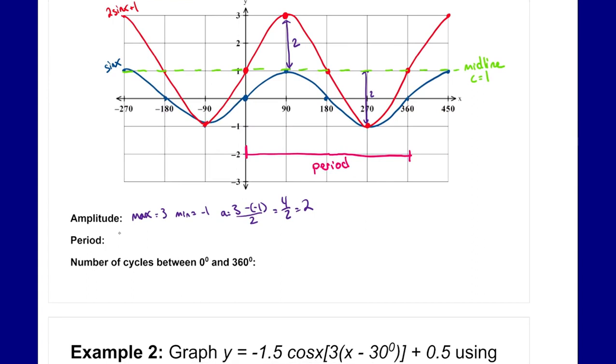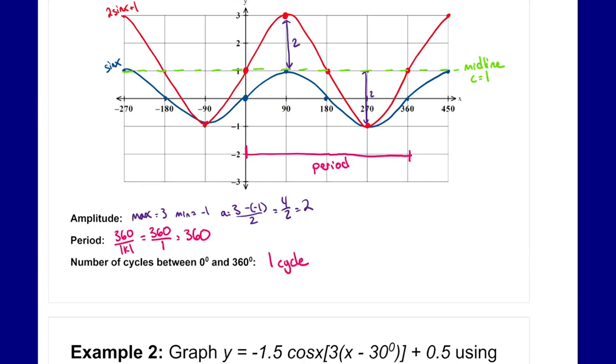The period is 360 divided by the absolute value of k. The k value here, we don't see it, so we can assume that it's 1. So 360 divided by 1 equals 360 degrees, which we also see visually. So how many cycles are there between 0 and 360? Well, there is one cycle.